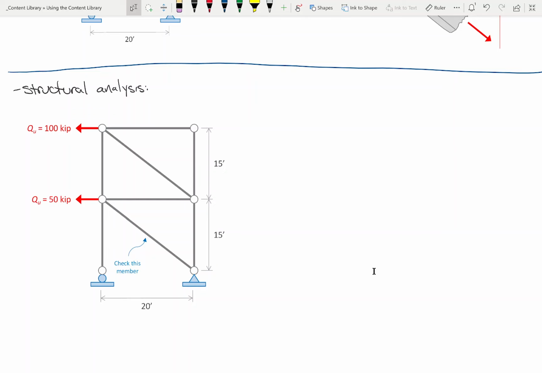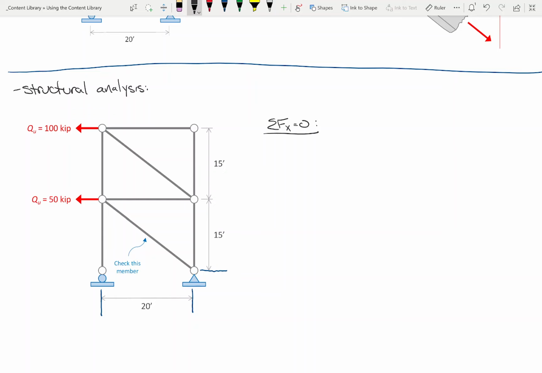So, let's see. This roller, how many reactions do we have? One. Is that horizontal or vertical? Vertical. This one has 2. So there's a vertical reaction and a horizontal reaction. Anybody know which one's easiest to solve for right now? Horizontal, right?